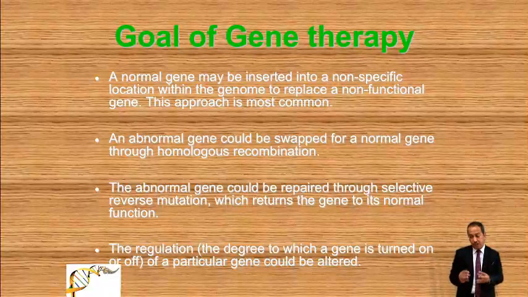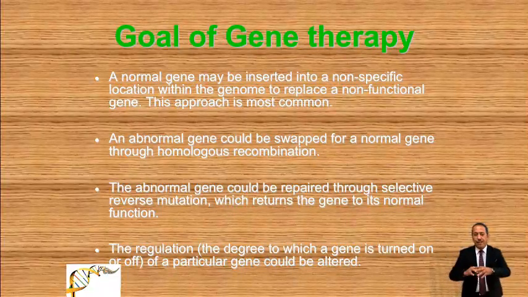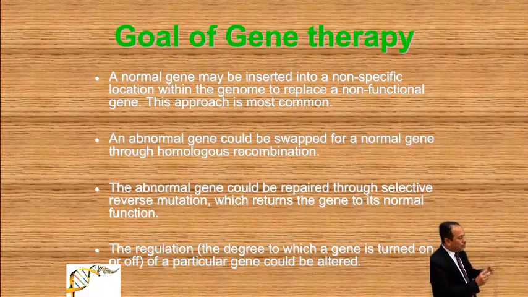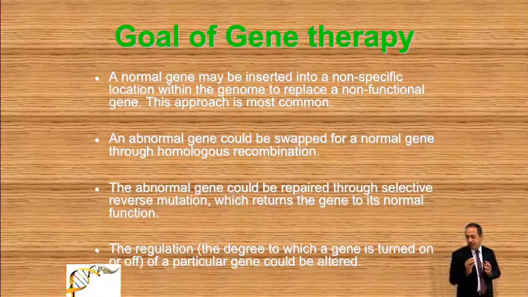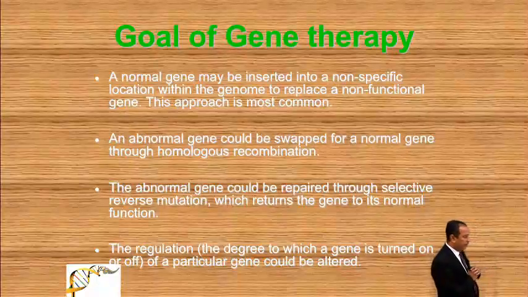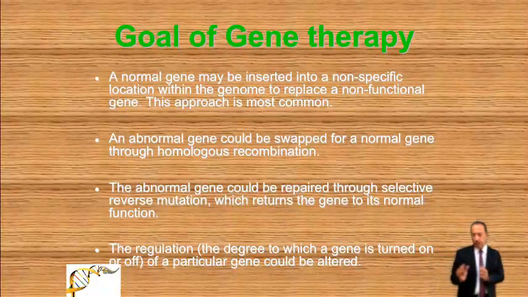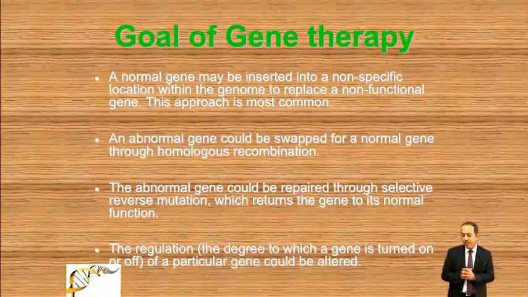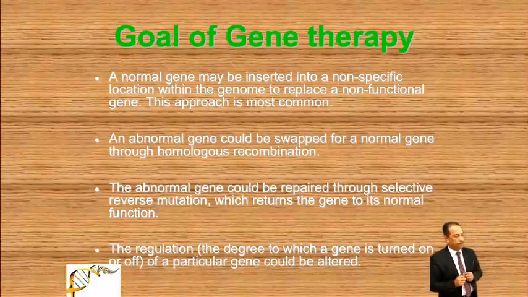Third, the abnormal gene could be repaired through selective reverse mutation, which returns the gene to its normal state, to its normal function. And the fourth goal of gene therapy: the regulation, the degree to which a particular gene is turned on or off, could be altered.